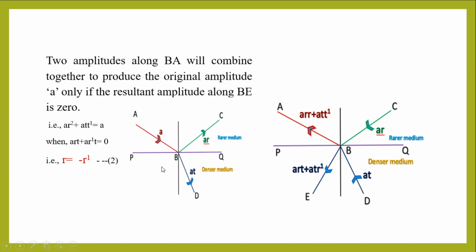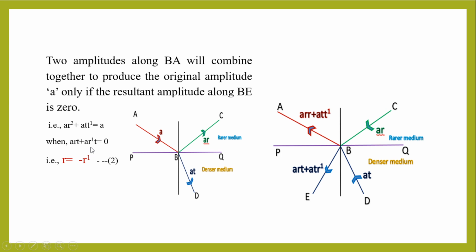In this diagram there is no amplitude. Amplitude is equal to 0. Just by comparing both the diagrams, we write AR squared plus ATT dash is equal to A, and ART plus ATR dash is equal to 0.